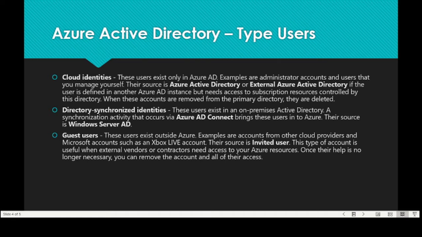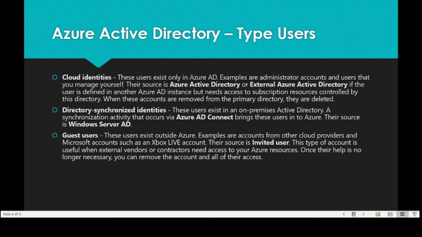The second are the directory synchronized identities. For example, an organization wants to create or manage access for the on-premise users. So, they also have a Windows Active Directory on-premise, and Azure Active Directory provides a provision via Azure AD Connect to synchronize the users so that the user will not be required to maintain two different passwords for signing on.